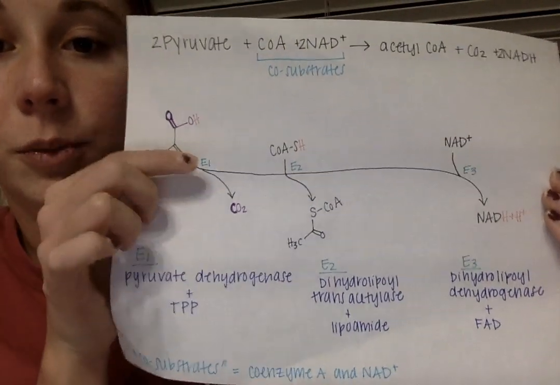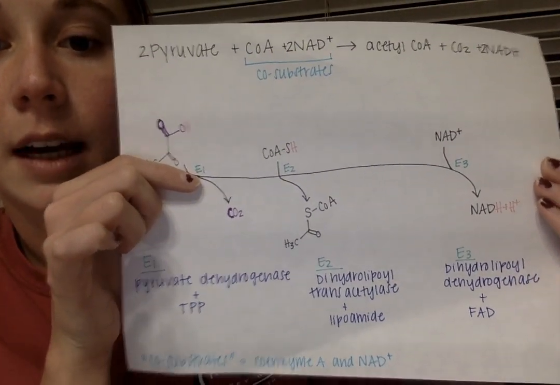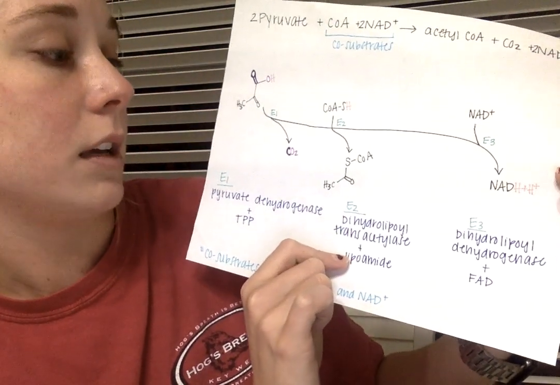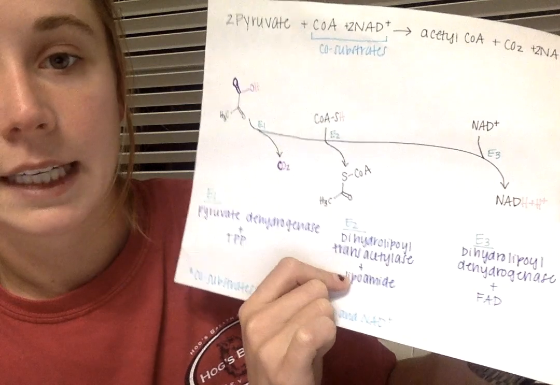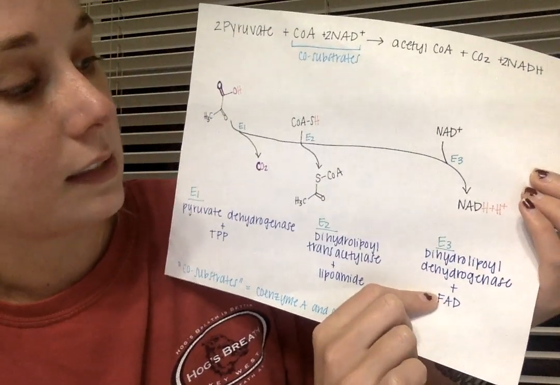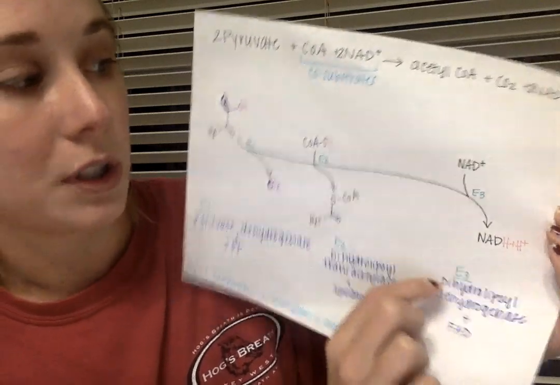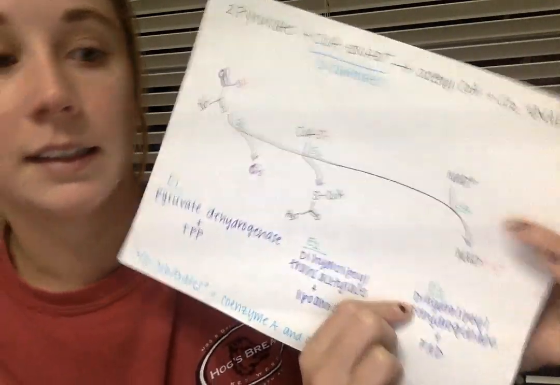The first one is pyruvate dehydrogenase. E2 is dihydrolipoyl transacetylase, and E3 is the dihydrolipoyl dehydrogenase, which is the one that makes that NADH, which accounts for the ATP molecules that are worth 2.5.